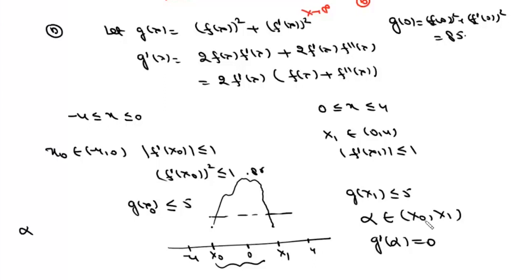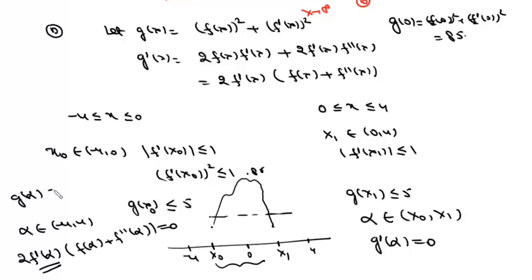Since this alpha belongs to (x0, x1), it will also belong to (-4, 4). Then g'(alpha) equals 0 means 2f'(alpha)(f(alpha) + f''(alpha)) will be equal to 0. Now f'(alpha) cannot be 0. In this case the value at alpha will be maximum, so g(alpha) will be f(alpha)² + f'(alpha)², and it should be greater than or equal to 85.